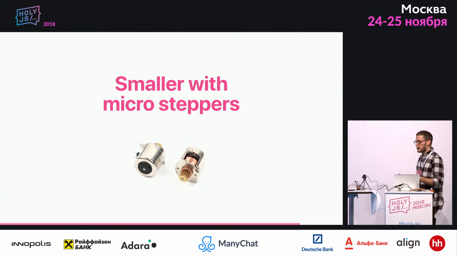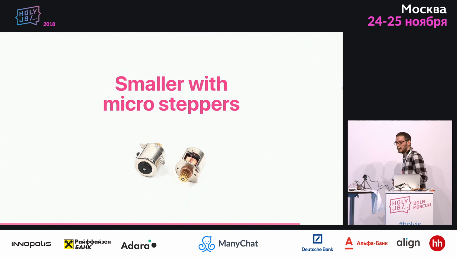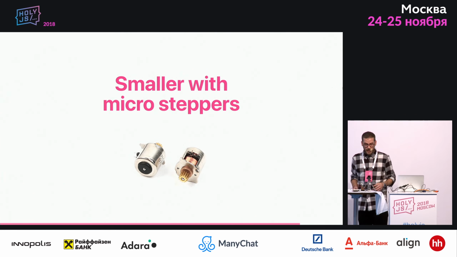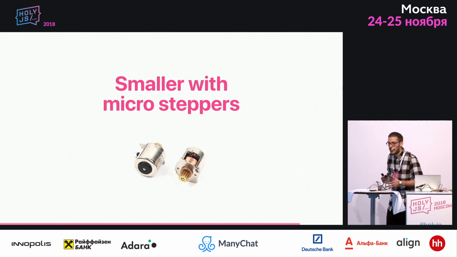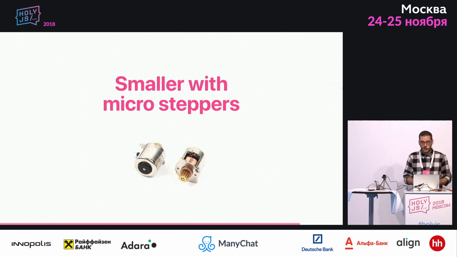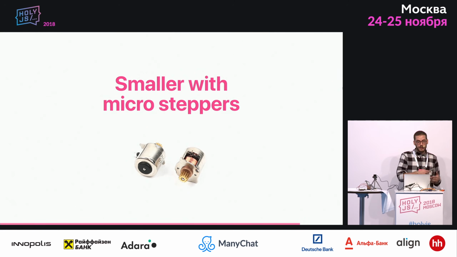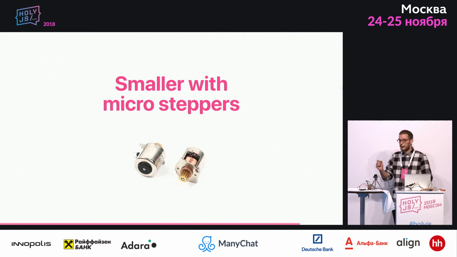Also, solenoids are really good for prototyping, but they are not so energy efficient. The prototype is also a bit clunky and a bit heavy, so I think for the second version, we can accelerate development using modules called micro stepper motors.